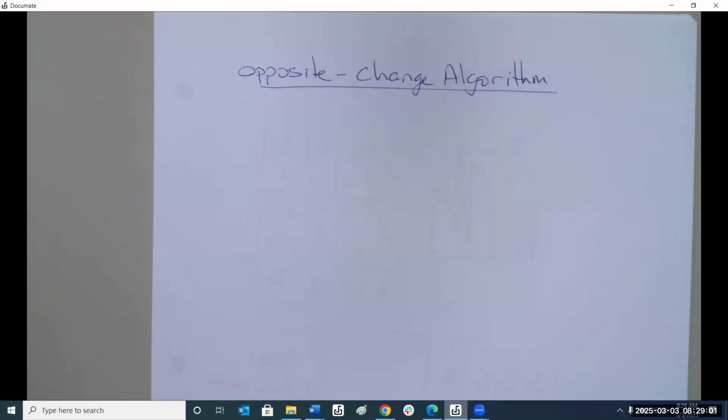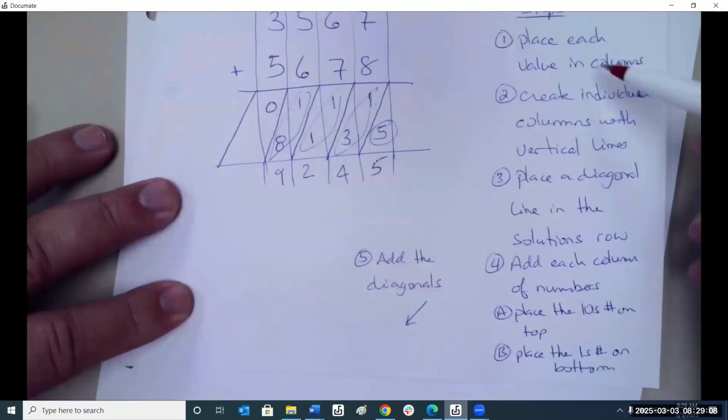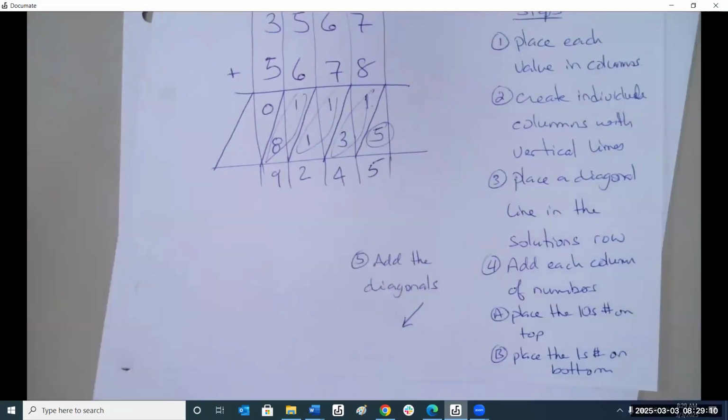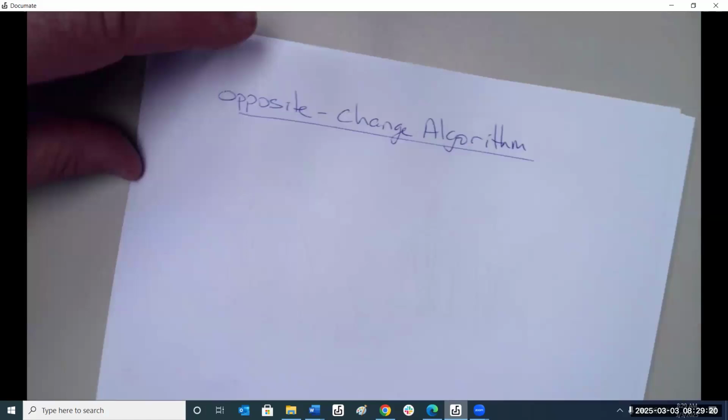Oh, by the way, remember we talked about algorithm earlier? There's your algorithm. Algorithm is a plan. It's step-by-step instructions on what to do. Whenever you hear the word algorithm, that's all it is. It tells you what do you do in step 1, step 2, step 3, step 4, step 5.